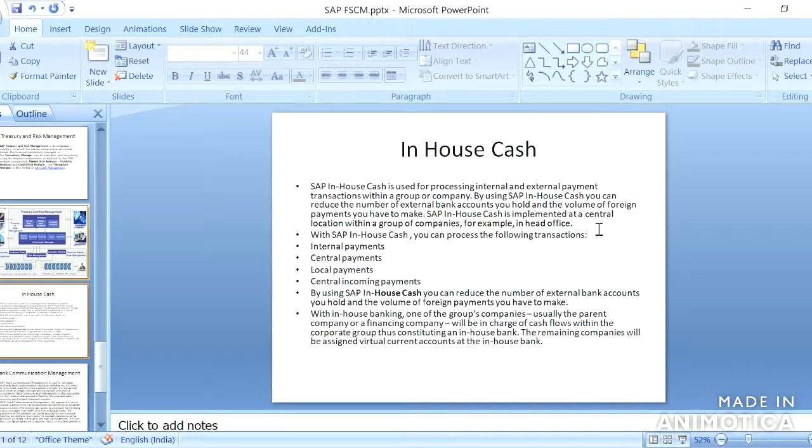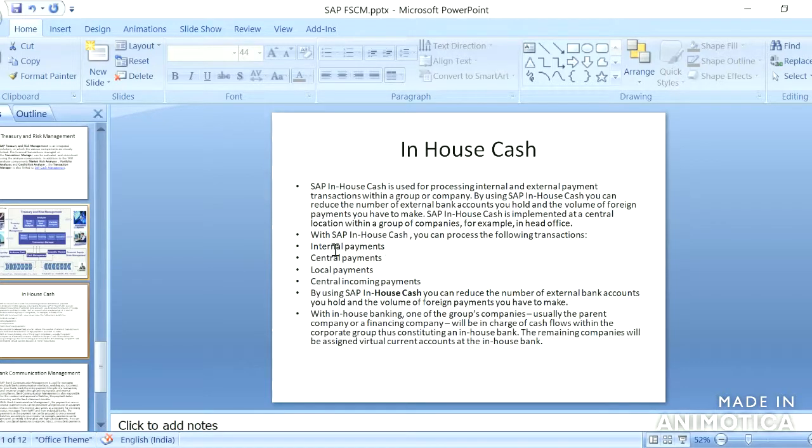What in-house cash will do is, instead of making payments to each and every bank, all the payments are collated and made in one particular bank, for example, in the head office.